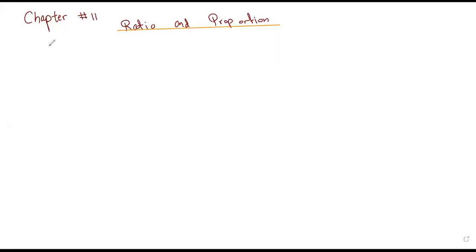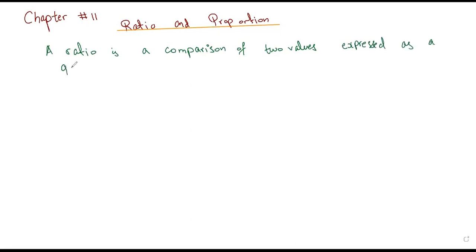So we can say that a ratio is a comparison of two values expressed as a quotient.